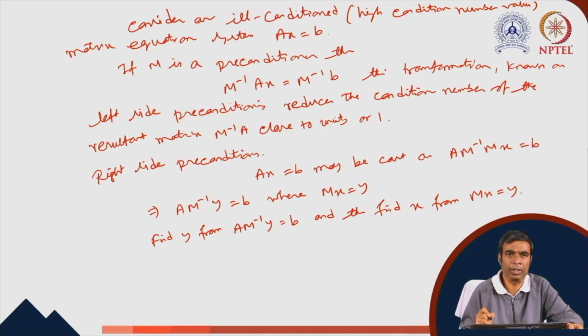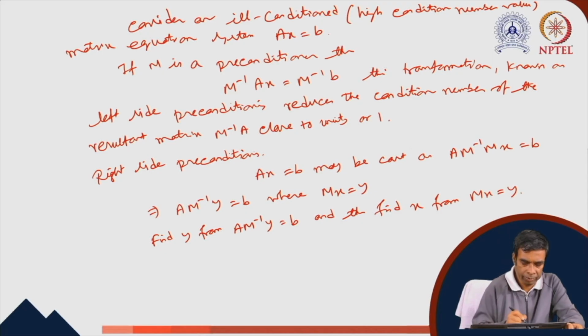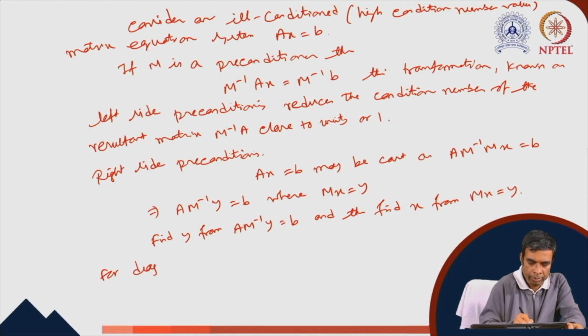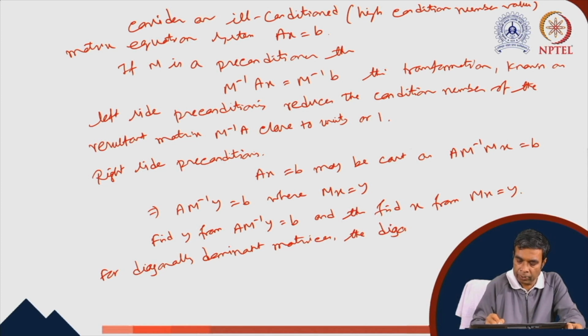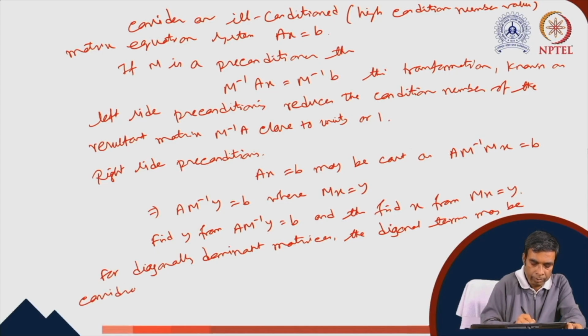A very common preconditioner is the diagonal preconditioner or the Jacobi preconditioner when the matrix is diagonally dominant. For diagonally dominant matrices, the diagonal terms may be considered to form a preconditioner.